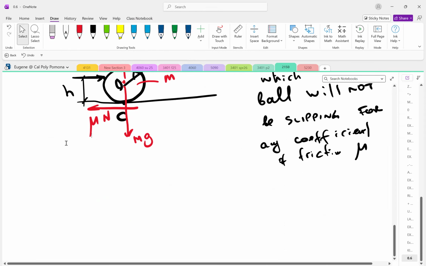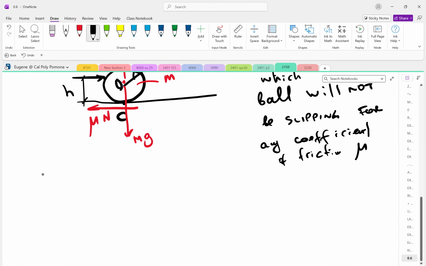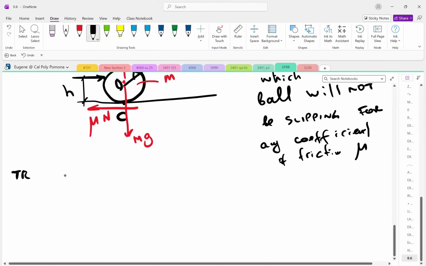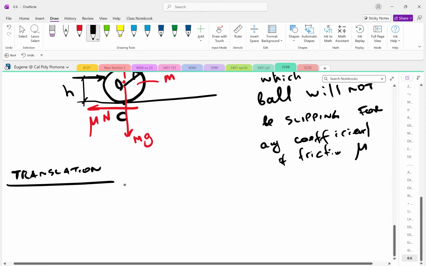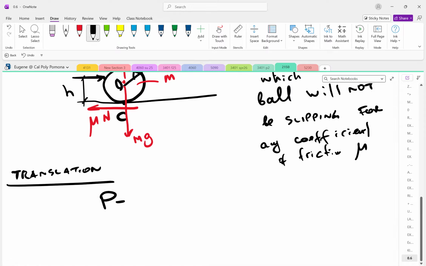Again, we write the translational and the rotational equations, right? P minus mu N equals the mass of the ball times the acceleration of point O in the x direction.